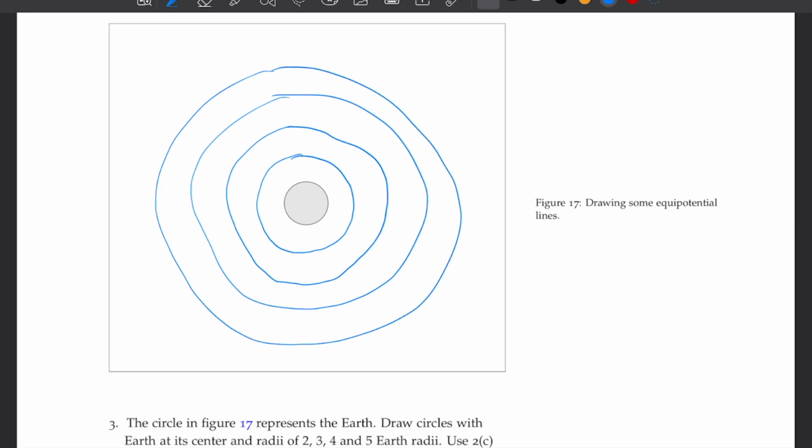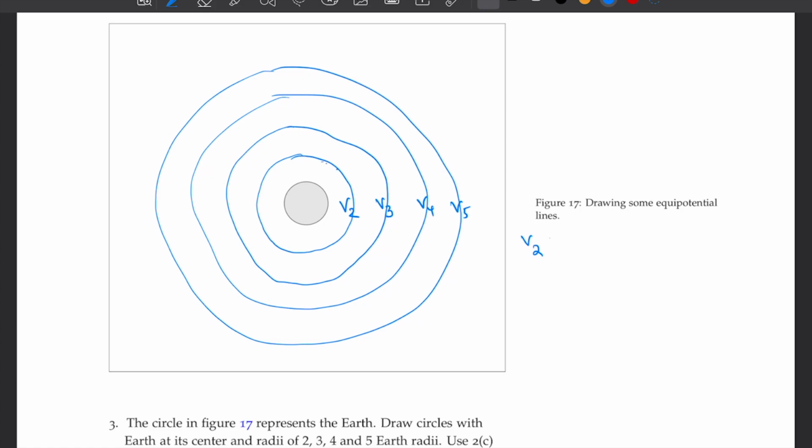Then I want to calculate the gravitational potential at points on these circles. Let's label them: V2 for the circle that has 2 Earth radii, V3, V4, V5. We can calculate the potential at points on these circles.